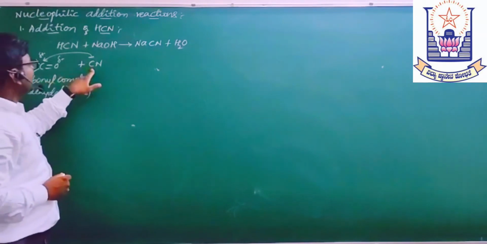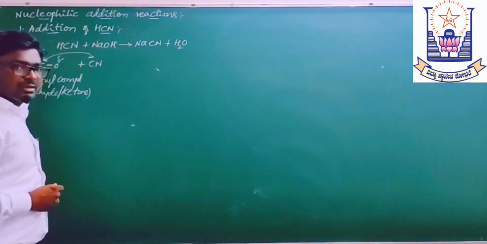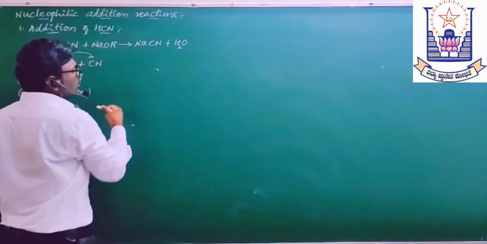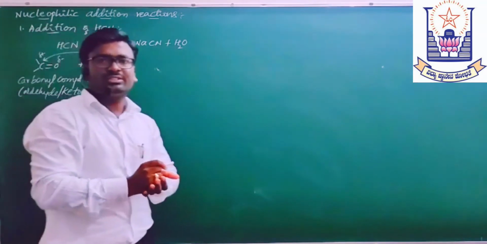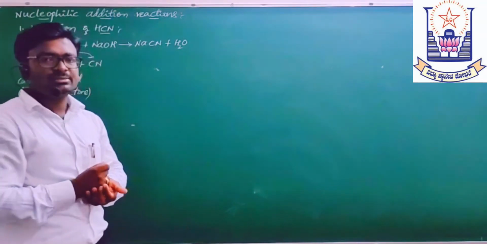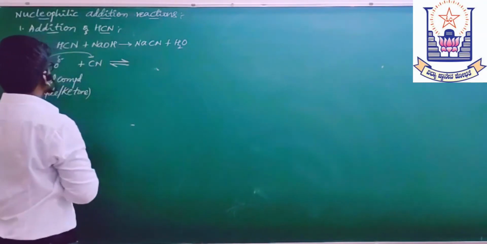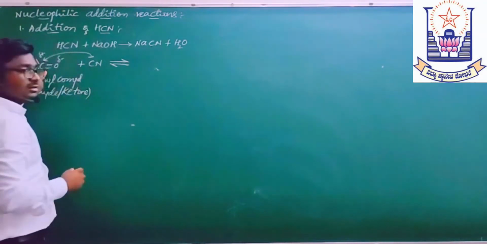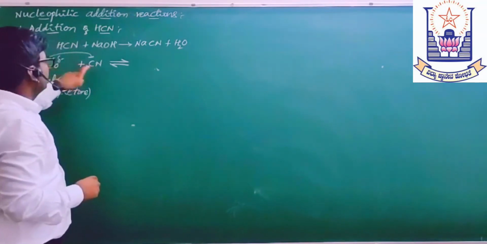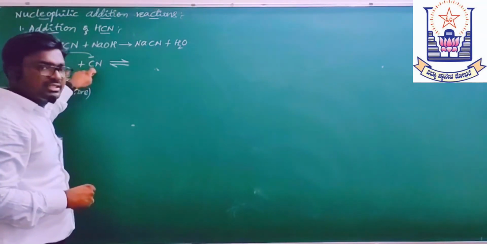The cyanide ion will attack this carbon. And you know from the earlier class that the first step is a slow and reversible step.